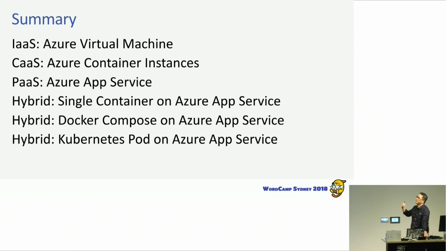But if I am thinking of future migration, something like that, then probably I can choose the remaining 3 hybrid approaches. It really depends on scenarios. Or if you want more control, rather than giving all the control to the cloud service provider, then probably choose the virtual machine image approach.